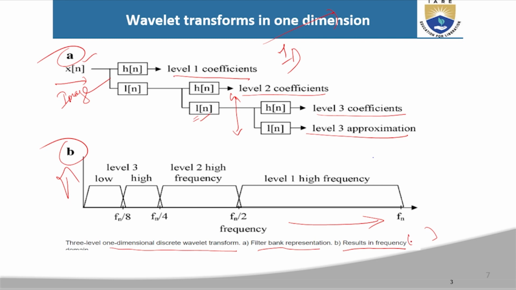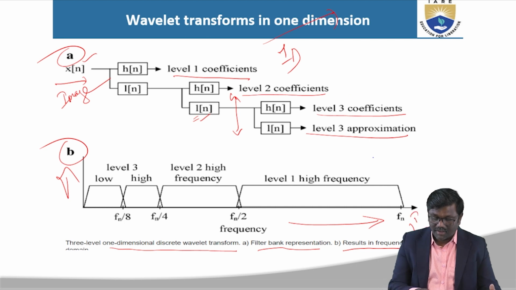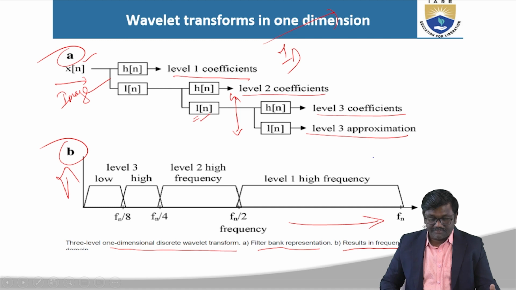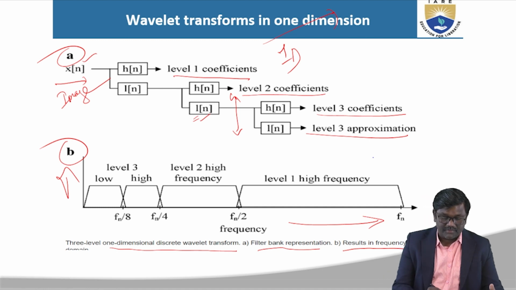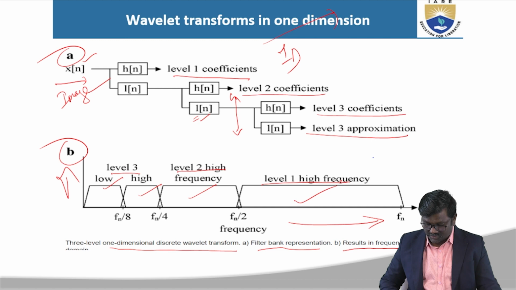You can understand from this that level 3 is low frequency, level 2 is a middle frequency, and level 1 is high frequency.